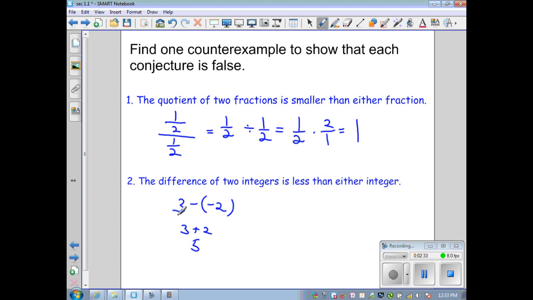I have an integer of 3, the difference, and another integer, which is a negative 2. And therefore, my solution is 5. 5 is actually greater than both original integers that I started with. Therefore, that is a counterexample to the conjecture, and therefore, my conjecture is false.